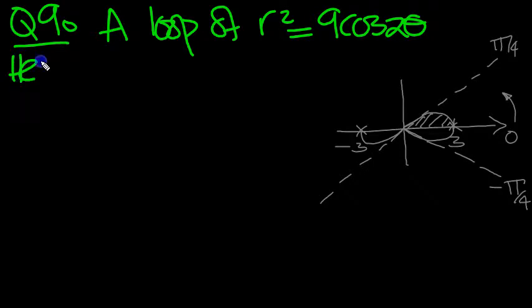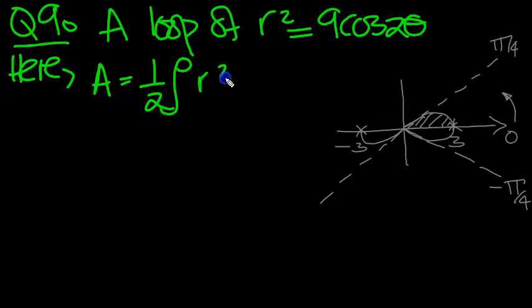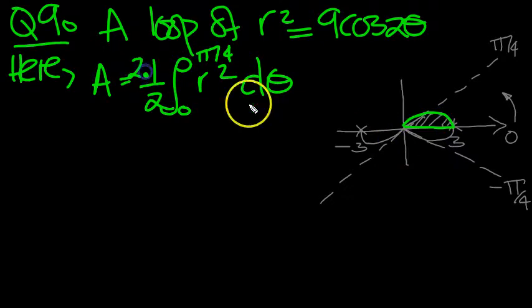So here then, the area is equal to a half integral of r squared, going from 0 to pi over 4 for this area in question, d theta. This doesn't arise because we're dealing with r squared when we work out the area, so all we'll get is this segment here. So that's what we're going to get. And we want two lots of it, don't we, to get the other half as well, because there's symmetry. And that will give us one complete loop here.